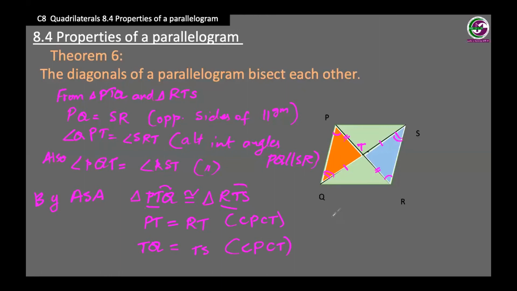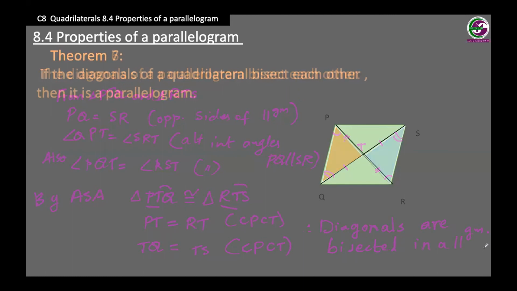So we find that diagonals are bisected in a parallelogram. Hope it's clear.